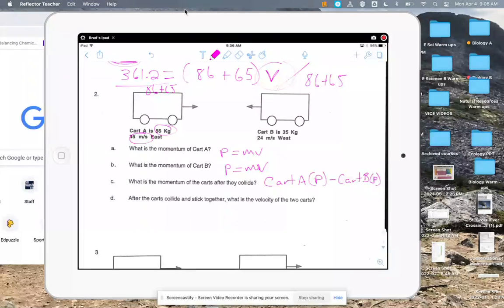We'll just assume that they connect with each other. So now after the carts collide, what you're going to do is find the new velocity of the two carts.